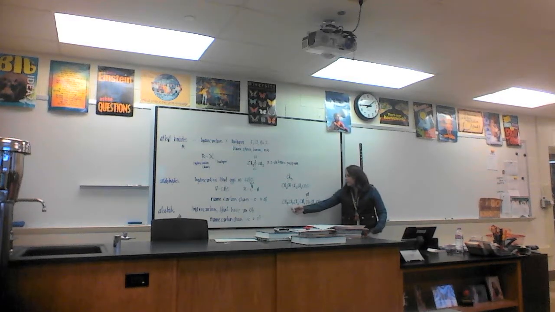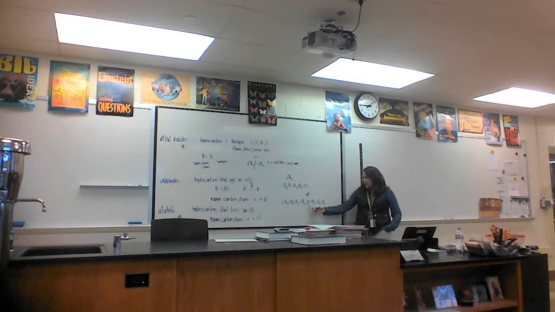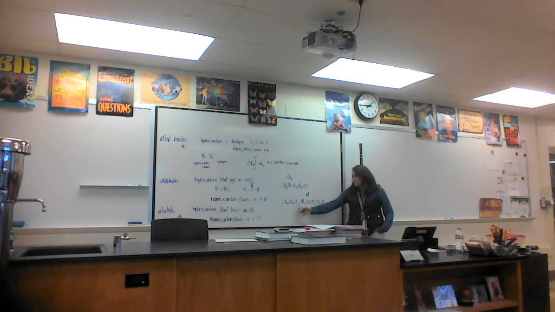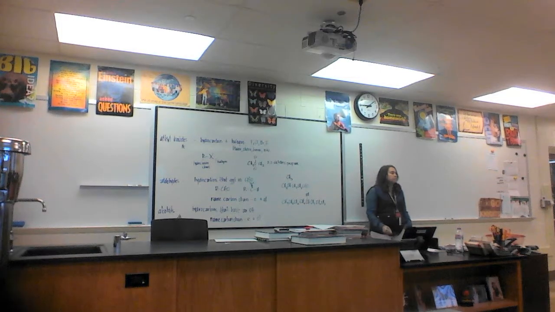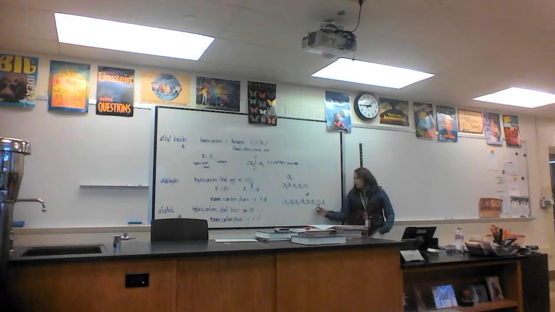Again, I know it's hard from where you're sitting. 1, 2, 3, 4, 5, 6, 7, 8. So I'm counting which direction? Doesn't matter. Right to left. So it's 1, 2, 3, 4, 5, 6, 7, 8. So it's an oct, and on the 4th carbon is the alcohol. So it's going to be a 4-octanol.